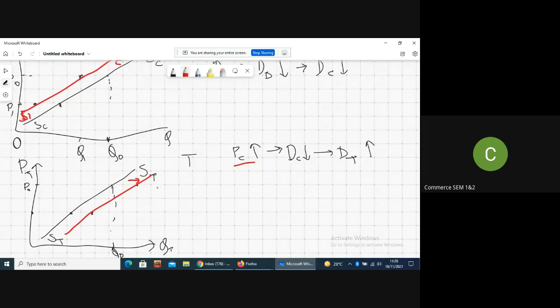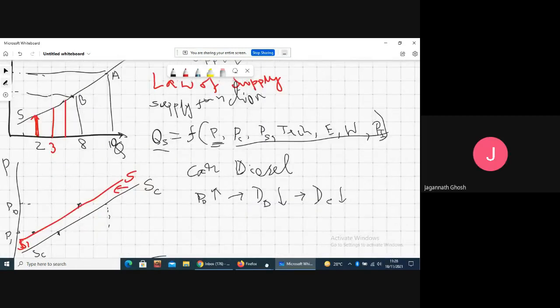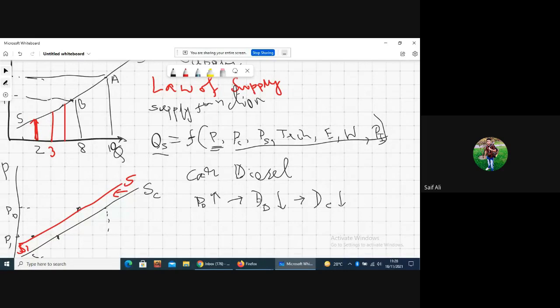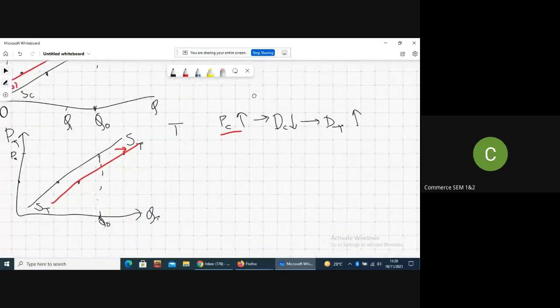So this kind of adjustment is not instantaneous, as we can see for change in demand. For change in supply, it will take some time. Fine? Next is technology.